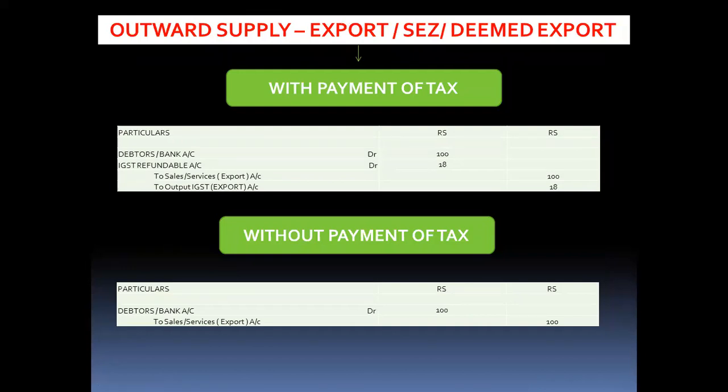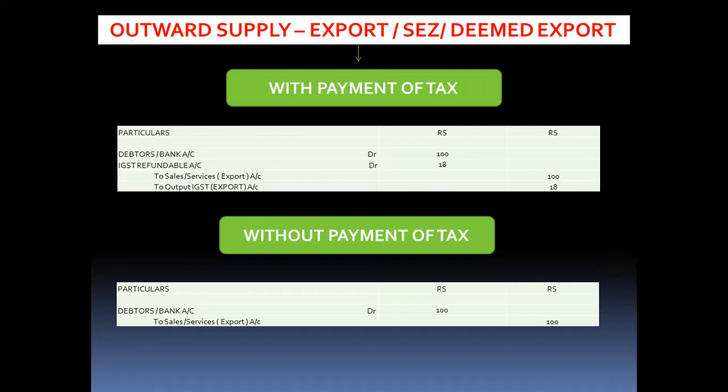In case of outward supply by way of export, cess, or deemed export, there are two scenarios. One is with payment of tax, and the second one is without payment of tax. In the first scenario involving payment of tax, the entry would be debtors account or bank account debit, IGST refundable account debit, to sales or service export account, to output IGST export account.